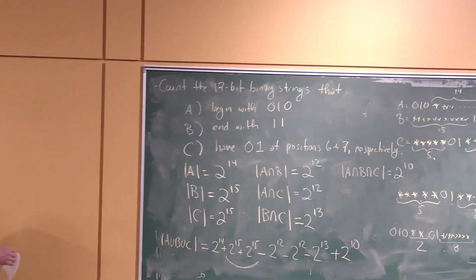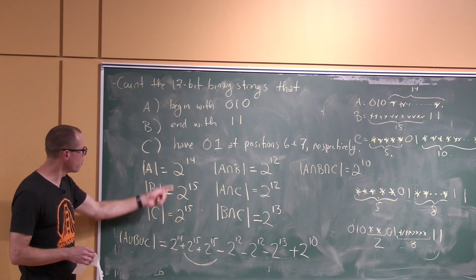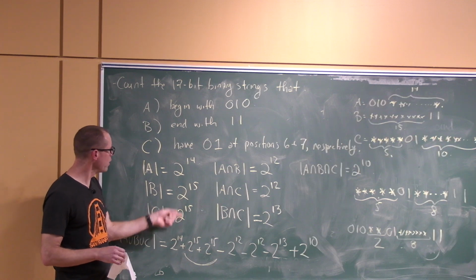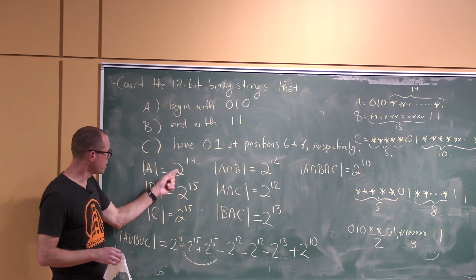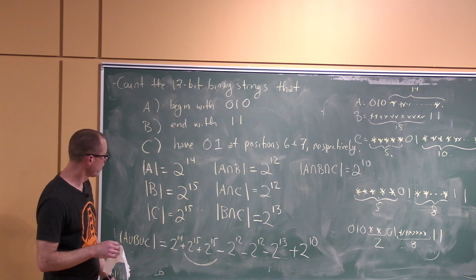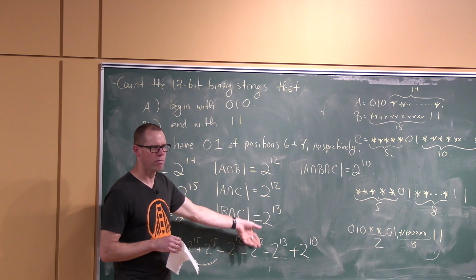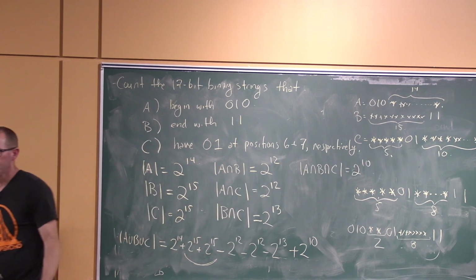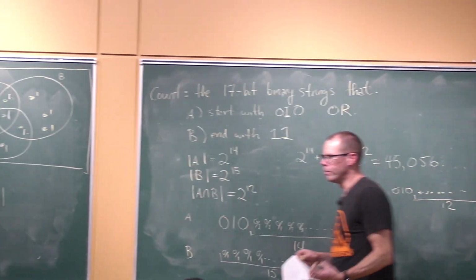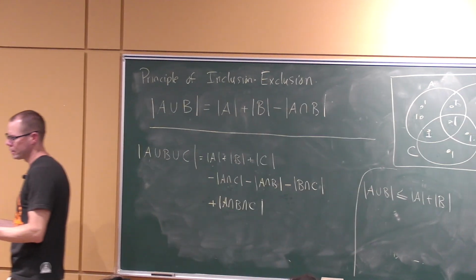The big stuff is already captured by 2 to the 15 and 2 to the 15. Each of them is 8 times bigger than any of the other numbers on the board. So somehow often the real essence of the problem comes in just when you add up the sizes of the sets.